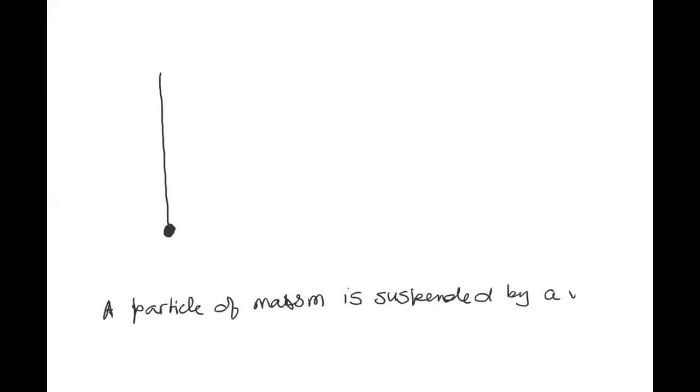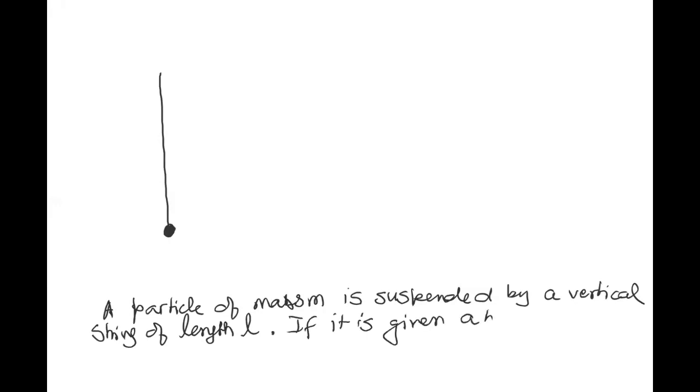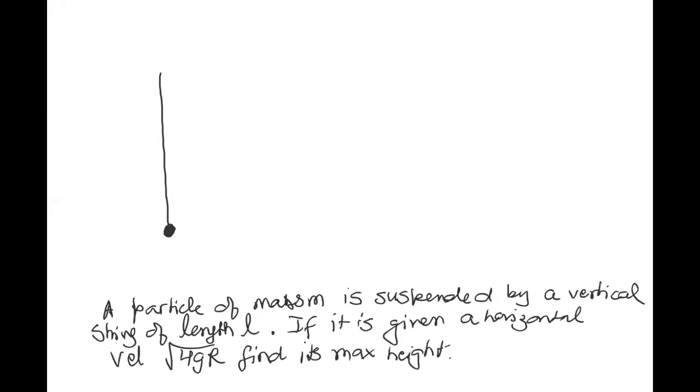So a particle of mass m, I don't think we need mass m, but still ठीक है, दे दिया आपने, is suspended by a vertical string of length L. If it is given a horizontal velocity root 4gr, find its maximum height.